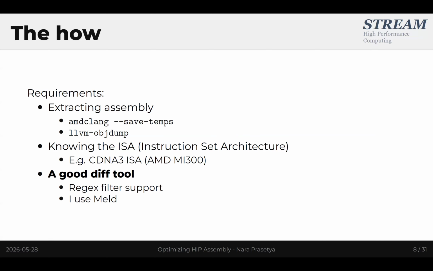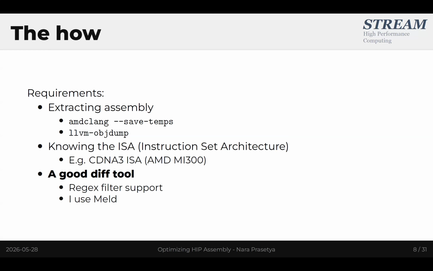On AMD GPUs, there are some tools that you can use. You can use save-temps, which keeps all the intermediate files that the compiler will produce, or you can use llvm-objdump, which dumps all the internals of the objects that you're building with your compiler. It also really helps if you know the instruction set architecture that you're working on.